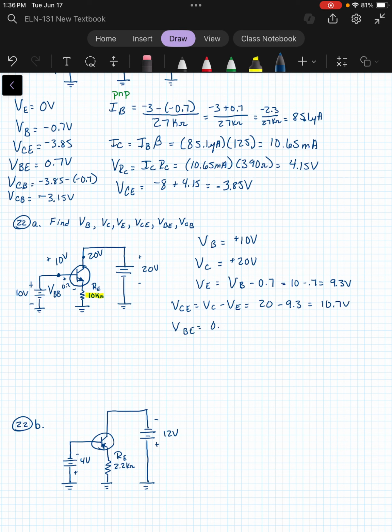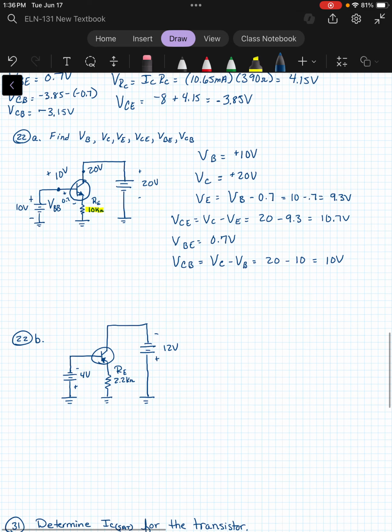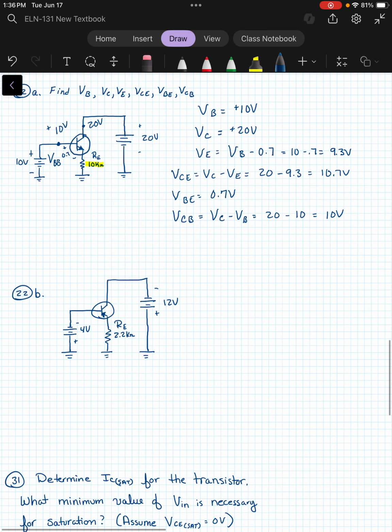VBE, again, that's just a drop of 0.7. VCB is VC minus VB, where we've got 20 volts minus the 10 volts that we have at B. So that difference would just be 10 there.